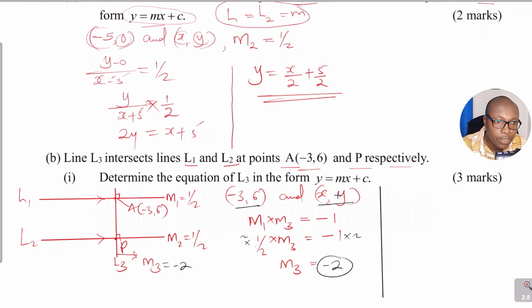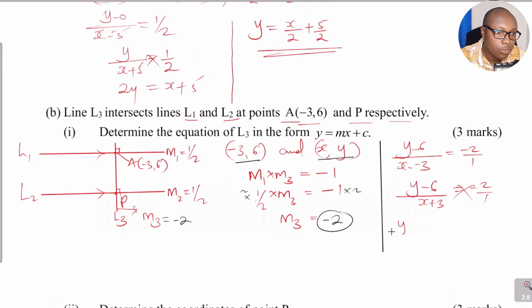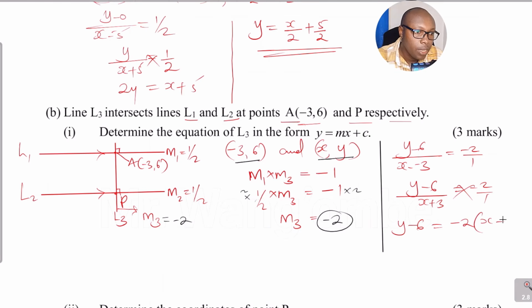So let us calculate the gradient using these 2 points, negative 3, 6 and x, y. Change in y subtract 6, divided by the change in x subtract negative 3, should give negative 2 over 1. So this gives y subtract 6 over x plus 3 is equals to negative 2 over 1. Cross multiply, and you get y subtract 6 is equals to negative 2 multiplied by x plus 3.